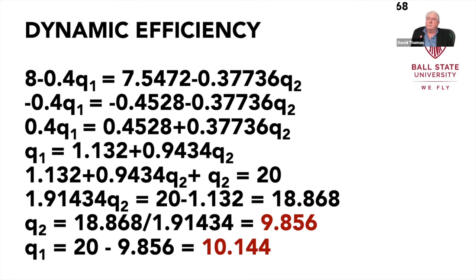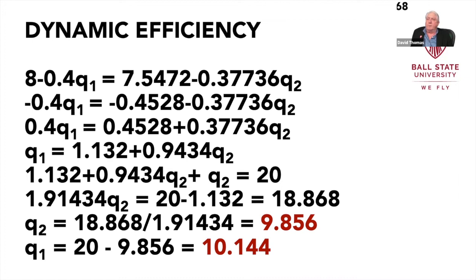So what can we do with that then? Divide both sides by the 1.9434, and we have Q2. Q2 equals 18.868 divided by 1.9434, which is equal to 9.709, and that is the answer for Q2. To get Q1 is very simple.